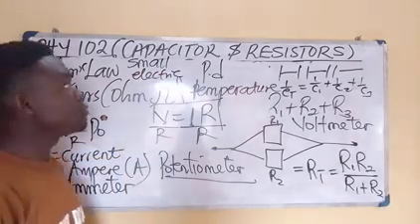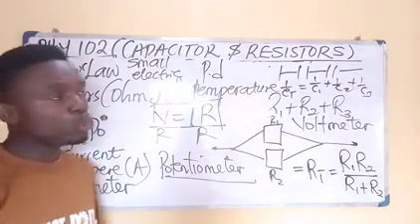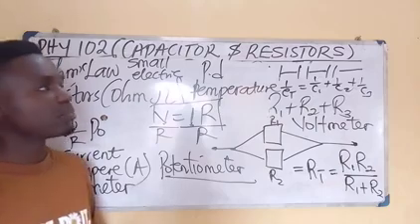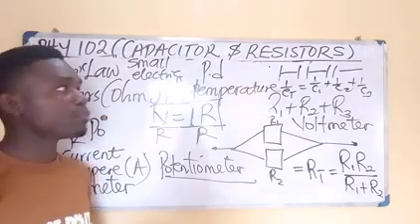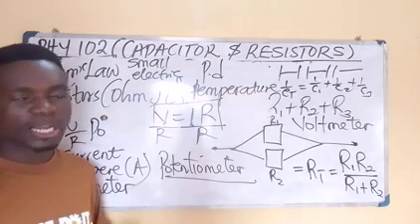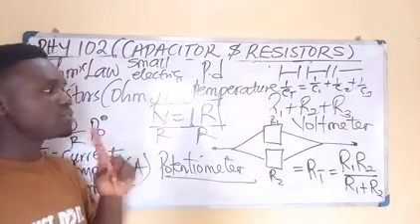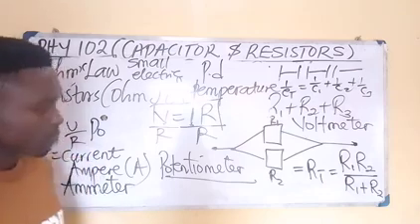Galvanometer. A galvanometer is a device used to detect the presence and direction of small electric current. Please take note of that.